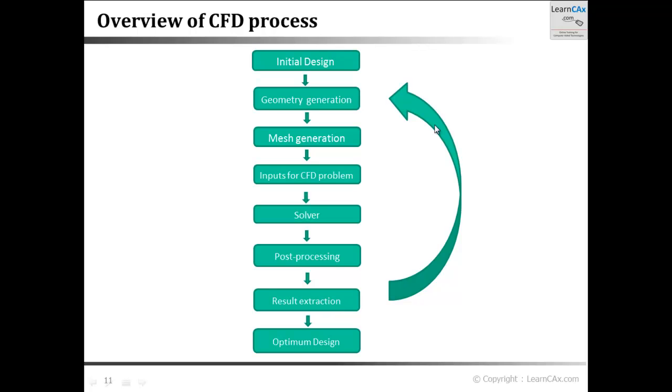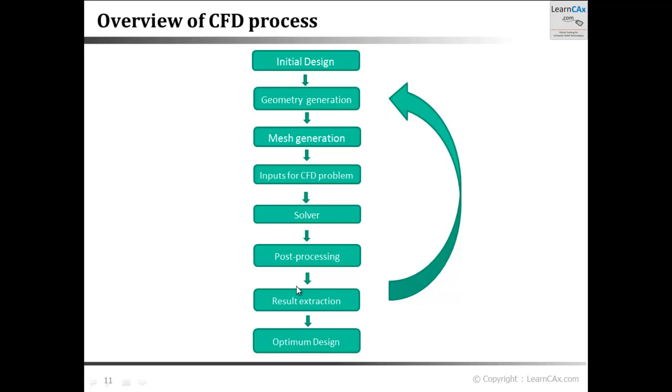From these results, we can draw various performance-related data, and if this meets our specified requirement, we can conclude that the design is correct or optimum. If it does not satisfy the specified requirement, we go back to the geometry stage, change the geometry or the design, and repeat the entire process. We continue this process, carrying out a number of parametric CFD simulations, and we zero in on the optimum design which satisfies our requirement.